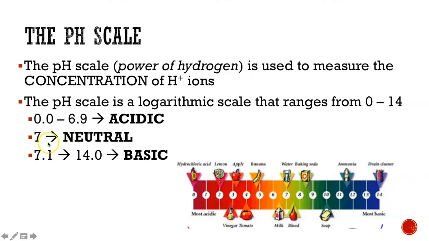Right at 7, 7 is the magic number of the pH scale. 7 is completely neutral, and that means there's an equal amount of H+ and OH- ions. And then on this other side, if we go just above 7 all the way up to 14, the end of our scale, that whole end is basic. Everything here means that there's more OH- ions than there are H+ ions.